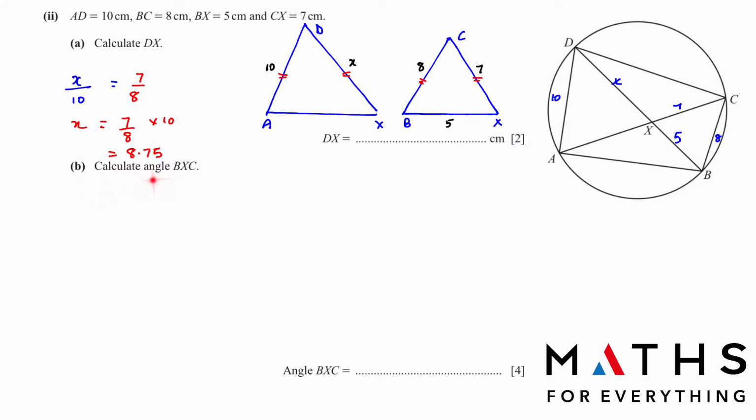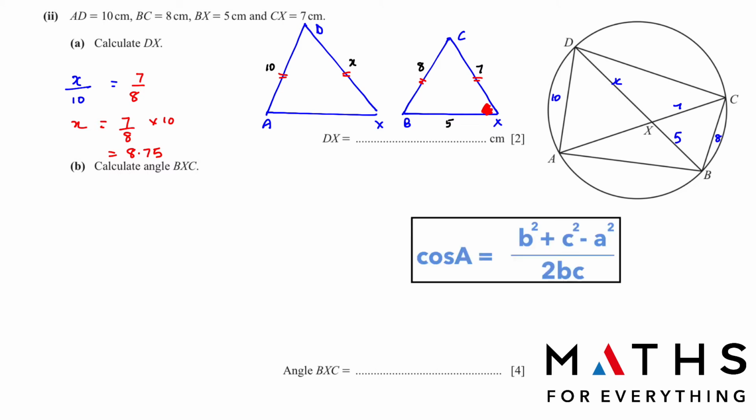Now in part B, we have to calculate angle BXC. This is the angle we are looking to find. If three sides are given and we want to find the angle, we use the cosine rule. This is the rule.